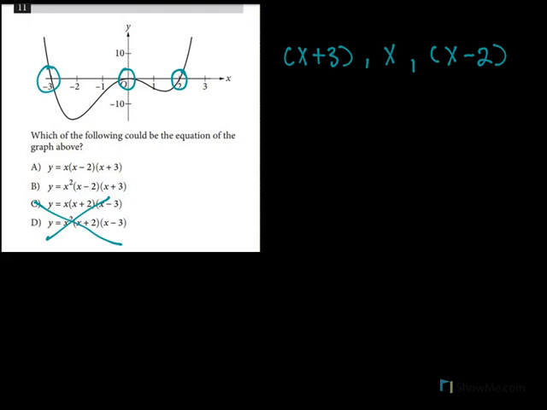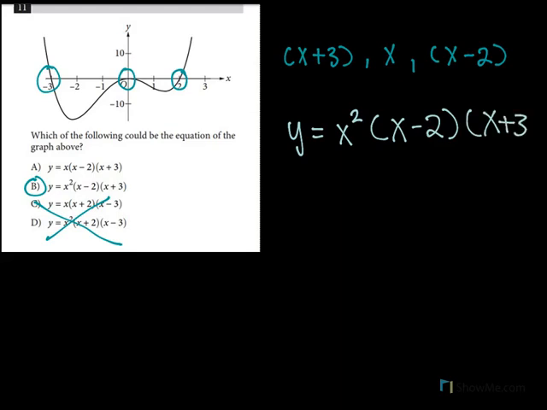And we also see that the y-coordinates of points on the graph become greater and more positive as x becomes large and negative, which doesn't happen with the third-degree polynomial, but it does with the fourth degree. Therefore, our answer is option B, y equals x squared, x minus 2, times x plus 3.